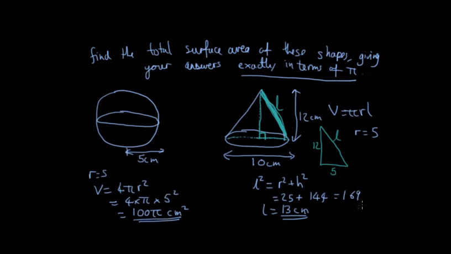So the surface area of the cone A is pi r L, pi times 5 times L, which we've just worked out is 13, and so 5 times 13 is 65 pi centimetres squared.